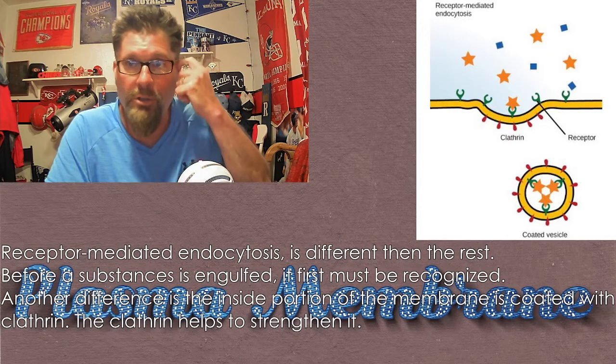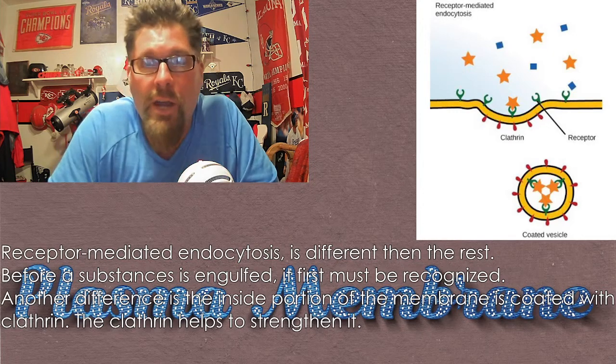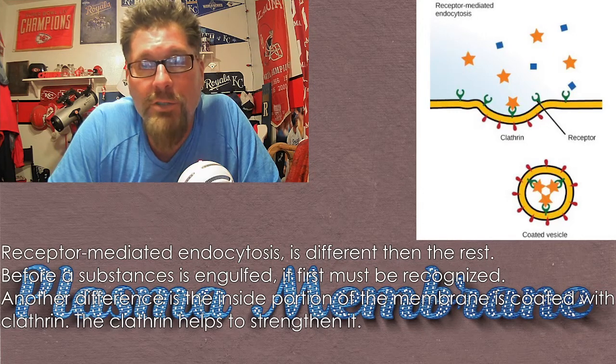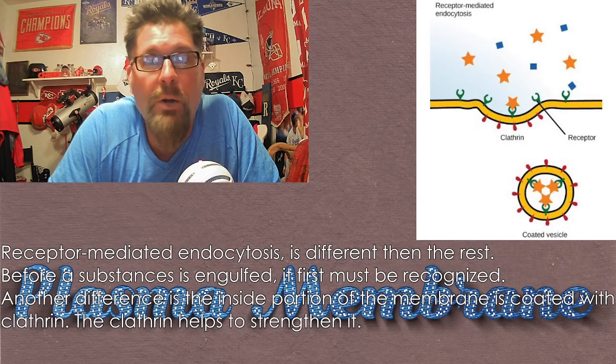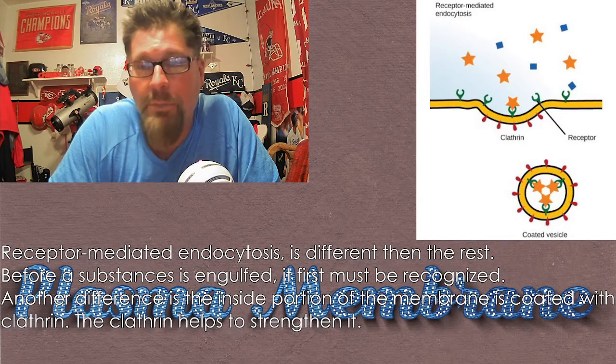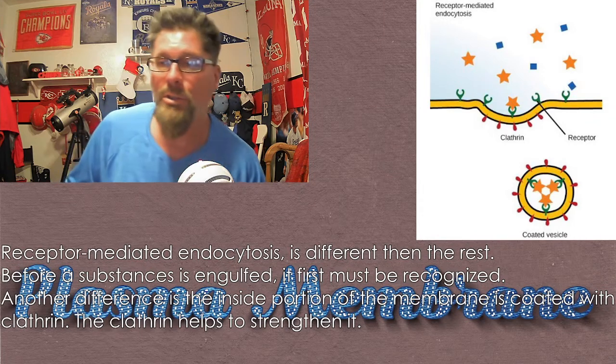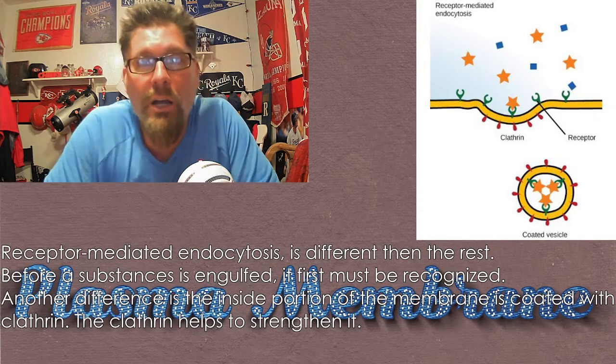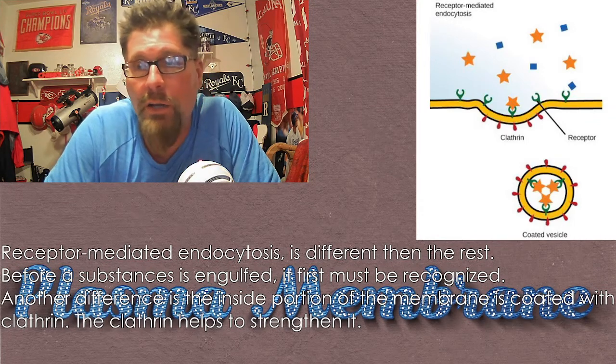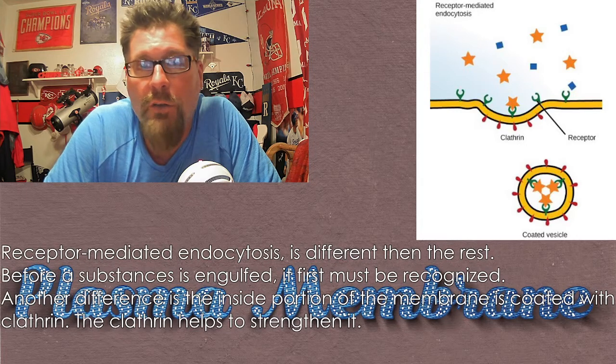In the first two, they're there as the process is engulfing, but then they go away once that happens. But in receptor-mediated endocytosis, the clathrin stays to strengthen the outside of the vesicle the entire time.